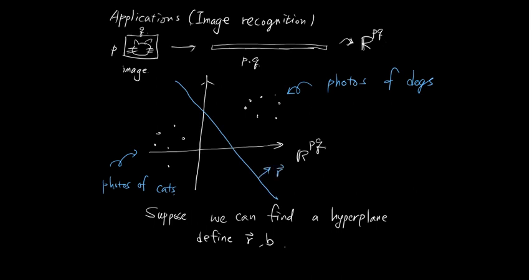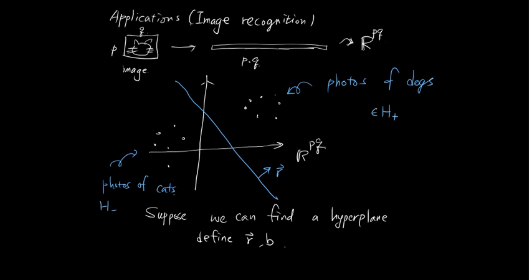If we found something like this, it's just a vector and a number. Everything that is a photo of a dog is on the right-hand side, and every photo of a cat belongs to the left-hand side. This is H plus, this is H minus.